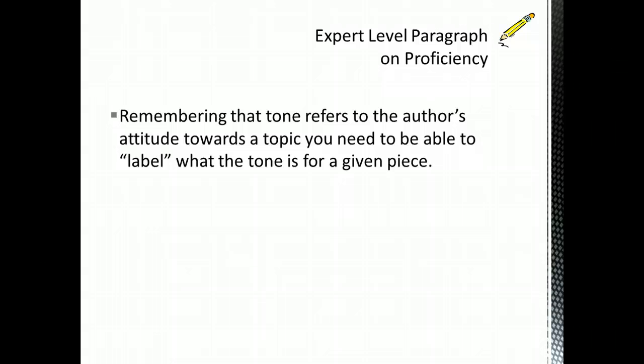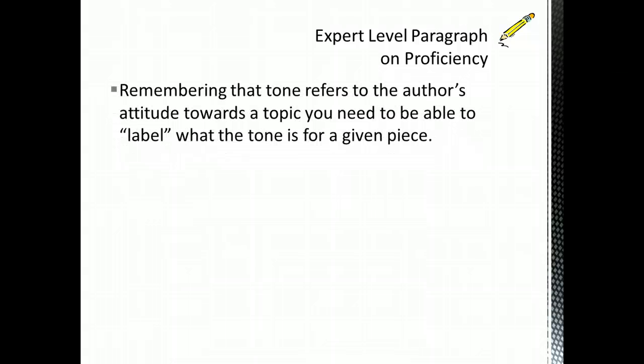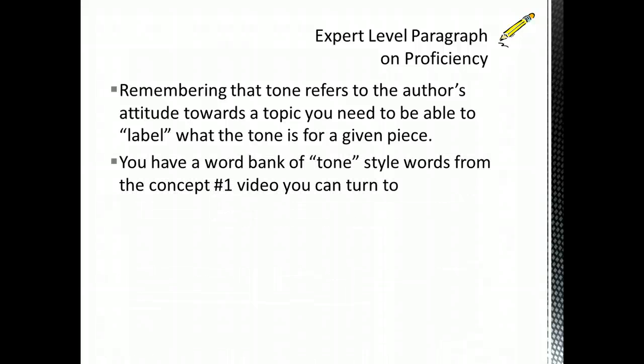Okay, so how are we going to actually write this paragraph? So remember that tone refers to the author's attitude, so you should be able to label what the tone is for that given piece and the ideas or attitudes that are being expressed. So you should have a word bank of tone style words from our first concept video that you can turn to try and grab some different ideas.